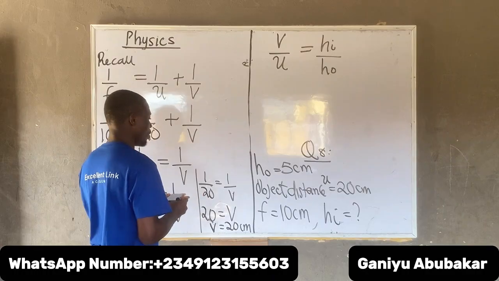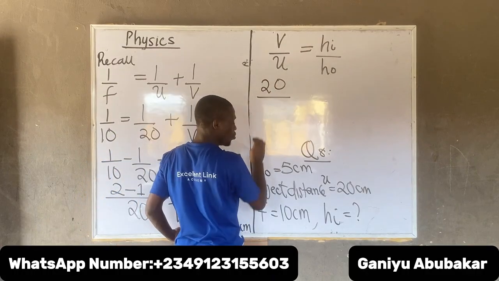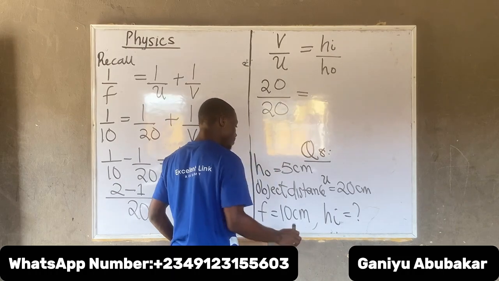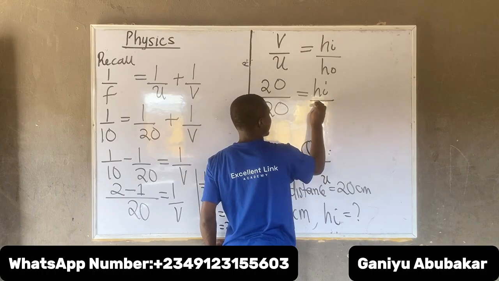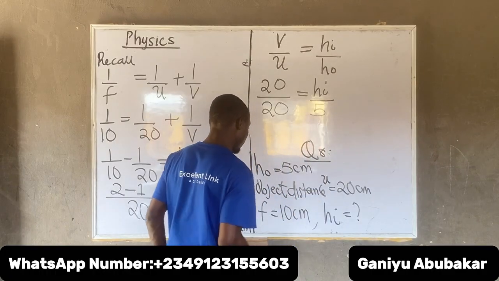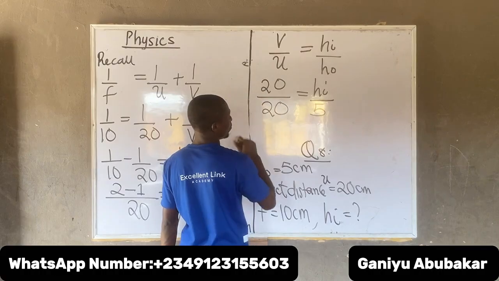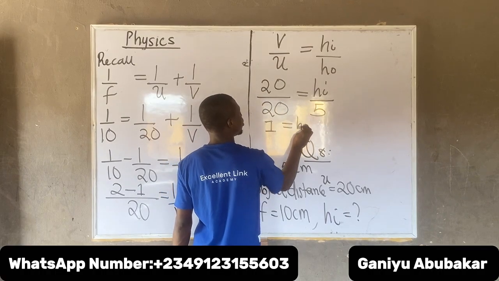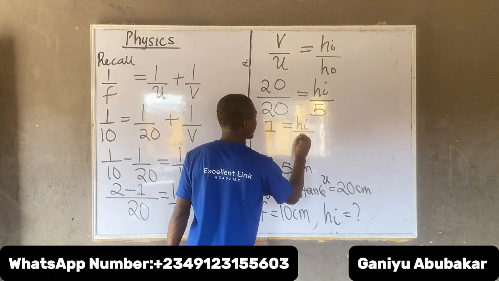You have this place: v is 20 over u is 20 equals hi, which is unknown. We have to find hi. What's ho? That's 5. To save my time, 20 over 20 is 1. So I shall have 1 equal to hi over 5.